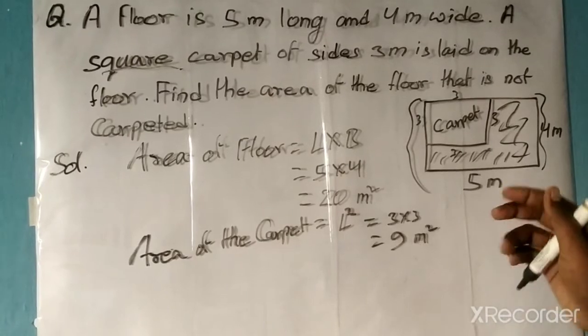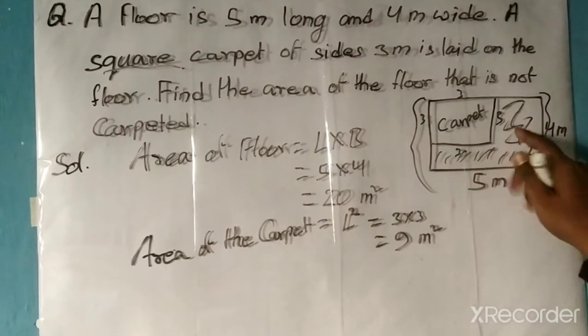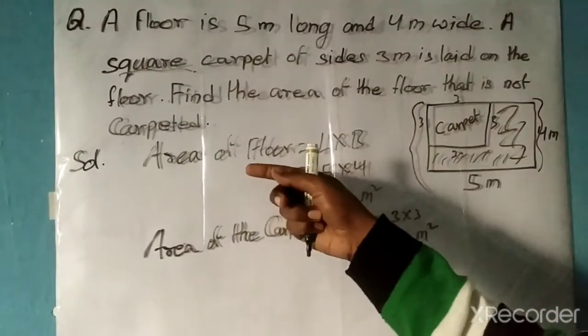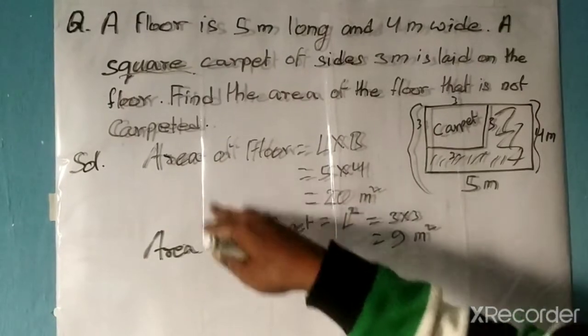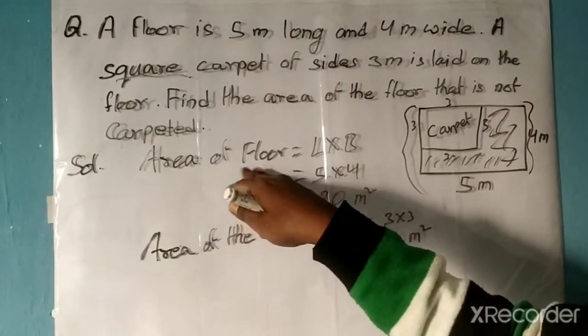Now what area do we have to find? This portion which is not covered by the carpet. To find this area we have to subtract the area covered by the carpet from the area of the floor.